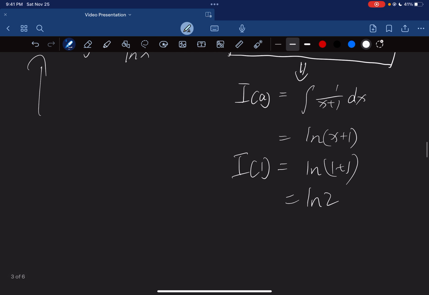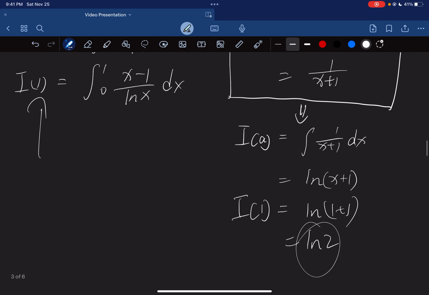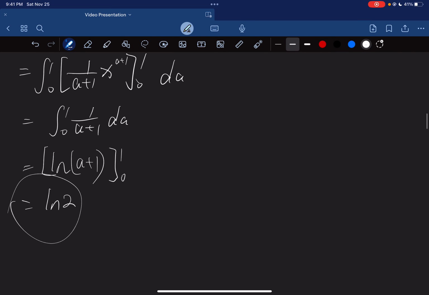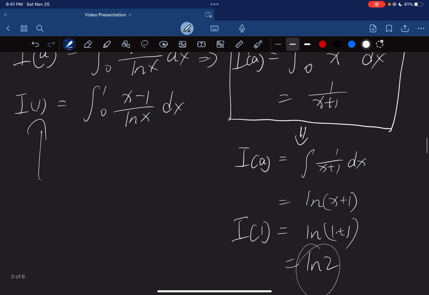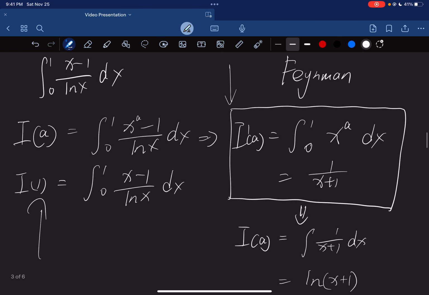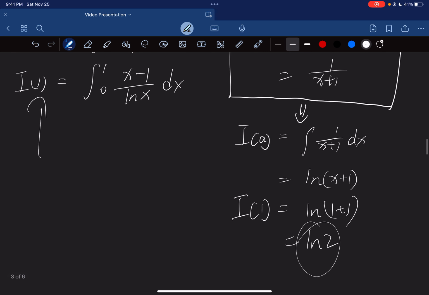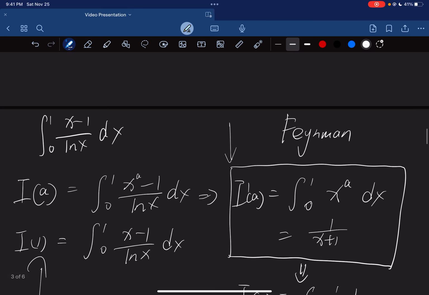Oh, we find the final answer, right? This ln 2 equals this ln 2. So this is the idea of the Feynman integral trick. It is quite direct and brief, right? This subtle equation.